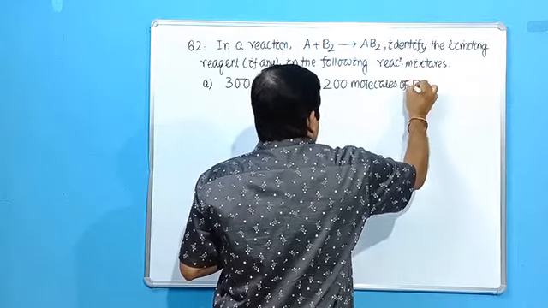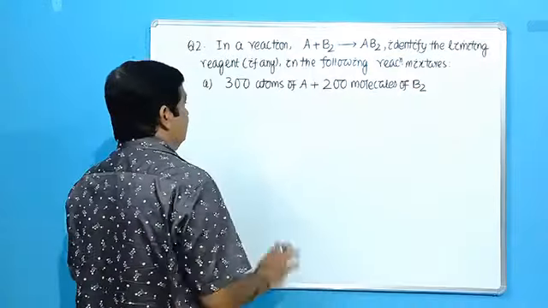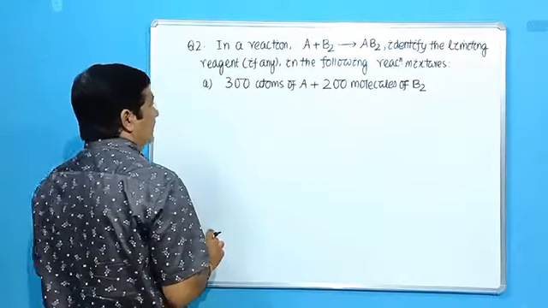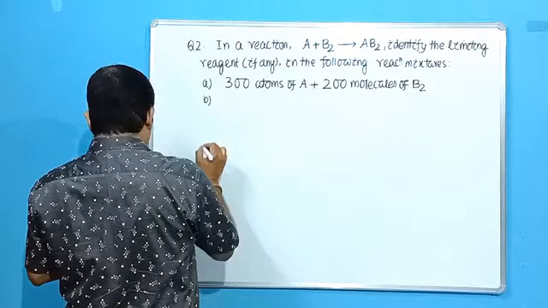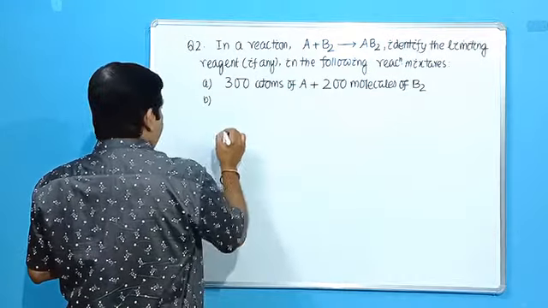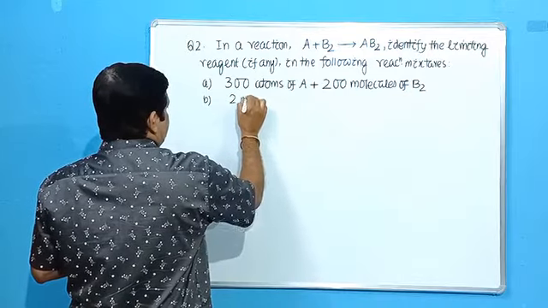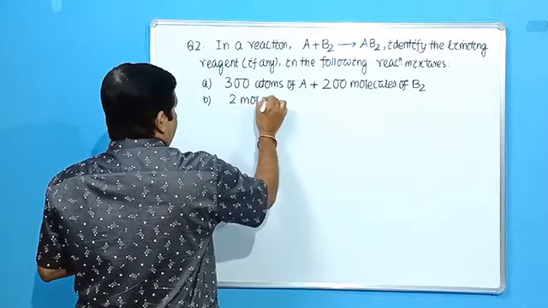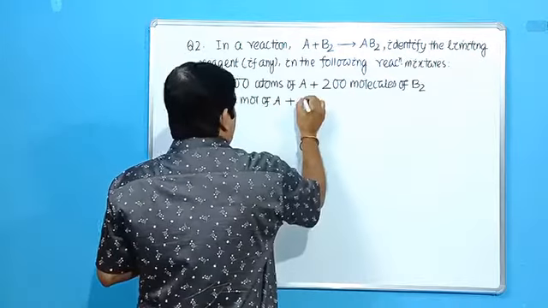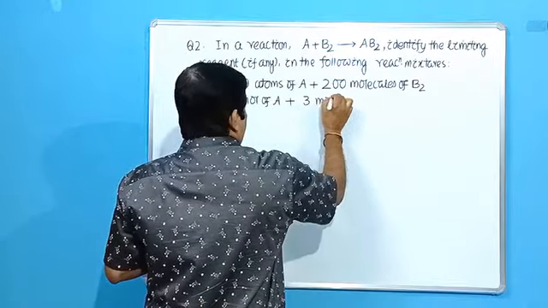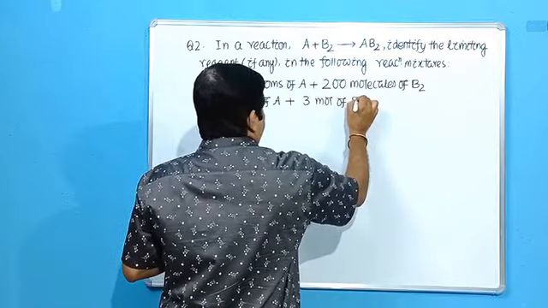This is the reactant concentration in which they are present, the reaction mixture. Then 2 moles of A plus 3 moles of B2.